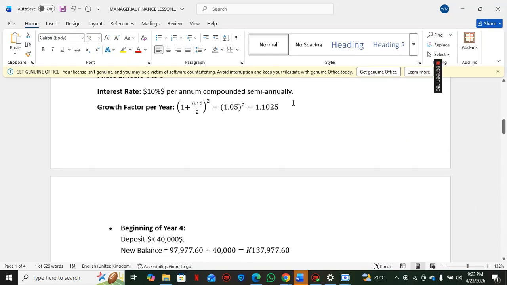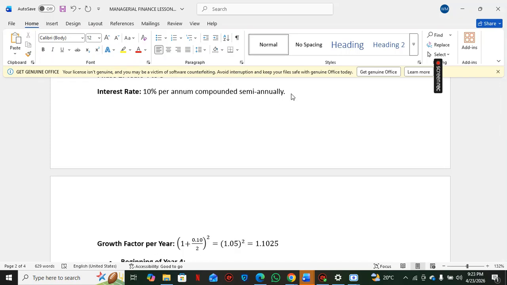So we're going to come to our growth factor here, 10%. Since it's compounded semi-annually, this is what's happening to our growth factor.